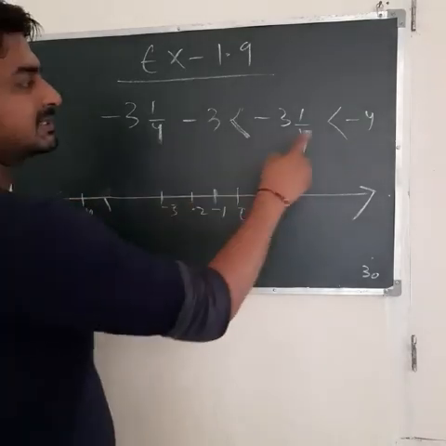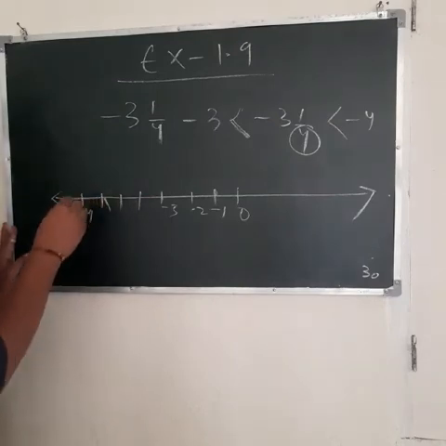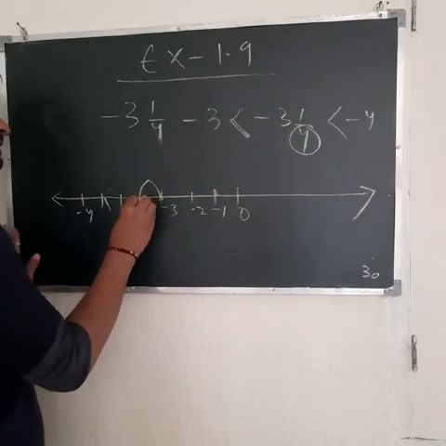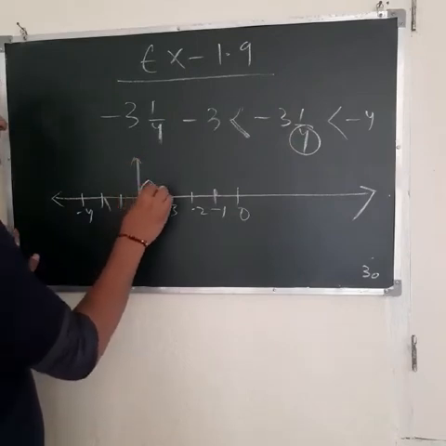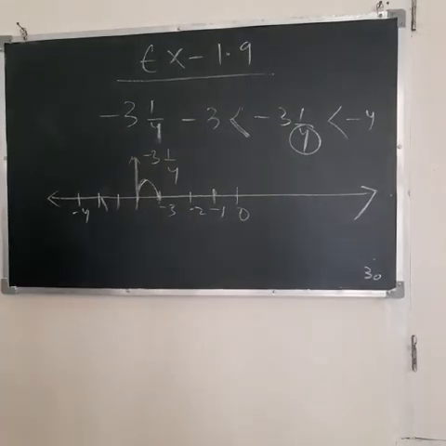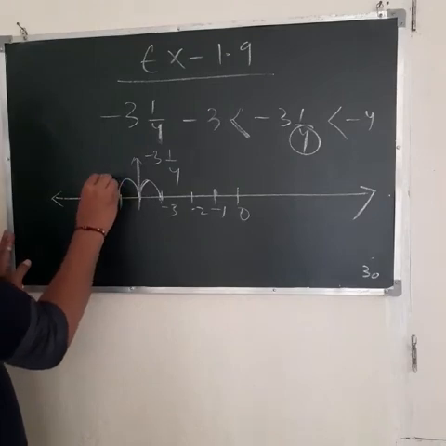In between minus 3 and minus 4, the total is 4 parts: 1 part, 2 part, 3 part, 4 part. So we write minus 3 into 1 by 4 here, it is clear. Then 2 by 4, this is minus 3 into 2 by 4, and minus 3 into 3 by 4.